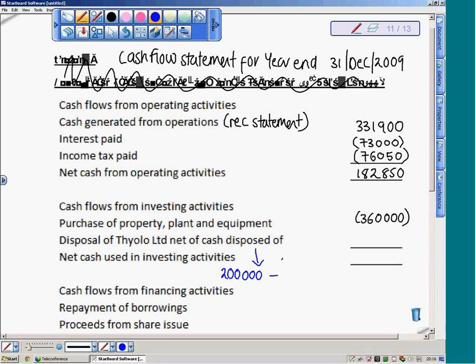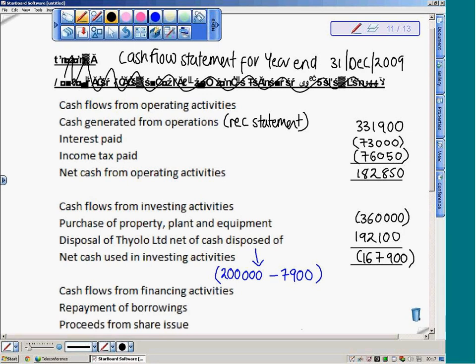Okay, and the cash balance in the subsidiary at the disposal date was 7,900. So if we think about taking the net, that is the 192,100.